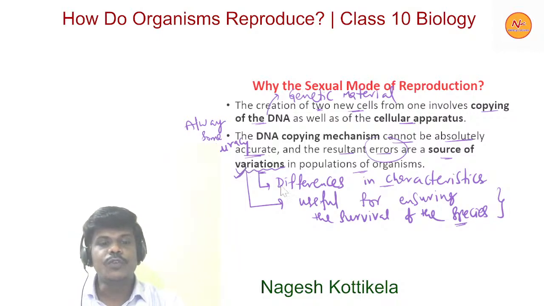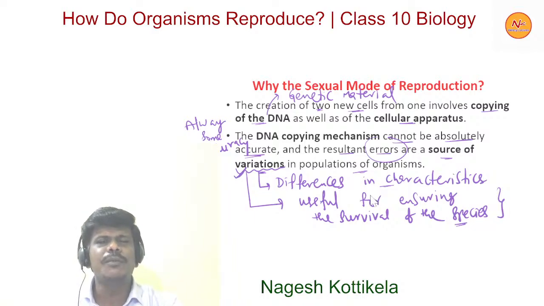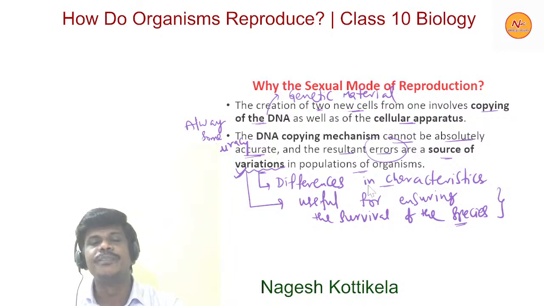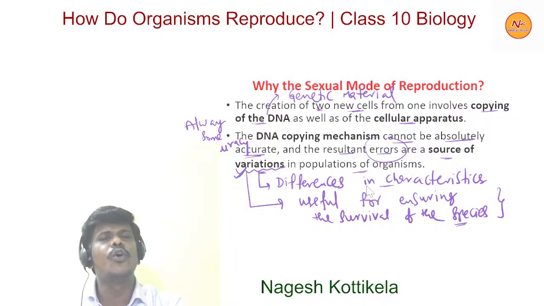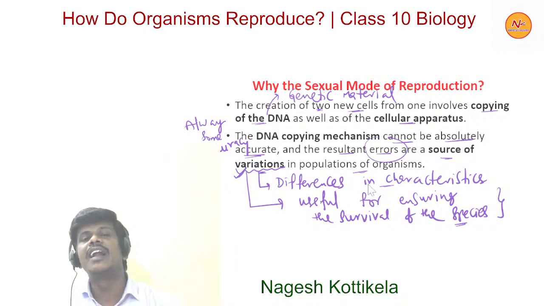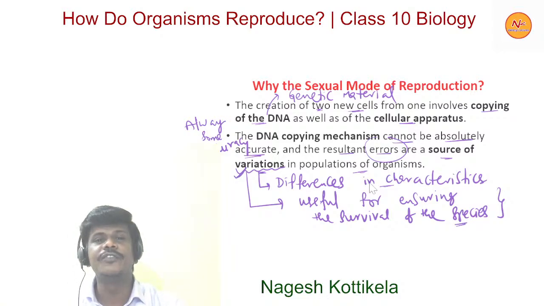It would therefore make sense if organisms came up with reproduction modes that allowed more and more variations to be generated. There are certain modes of reproduction which produce only few variations, as we discussed in my earlier session: asexual modes like fission, budding, fragmentation, regeneration, sporulation.